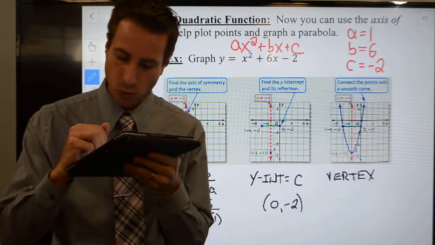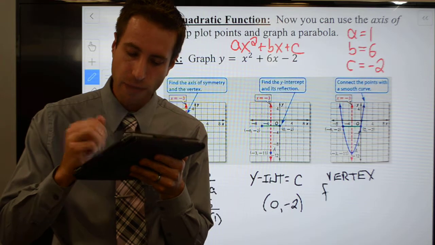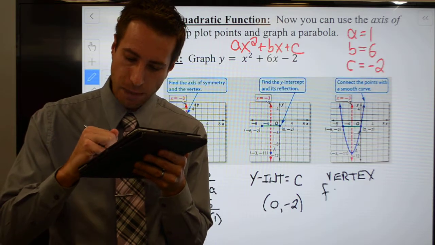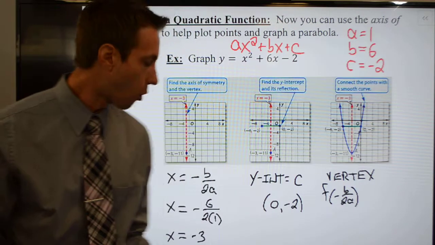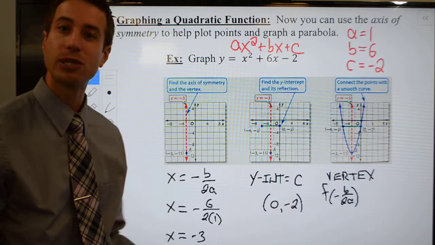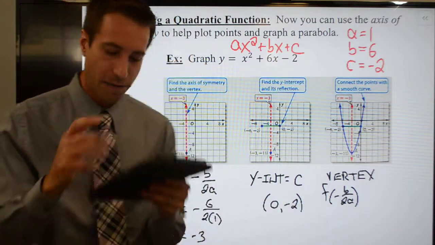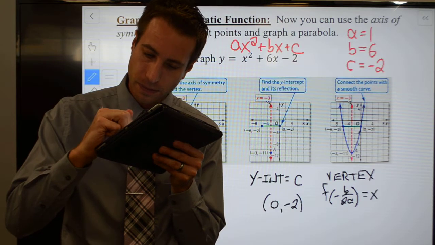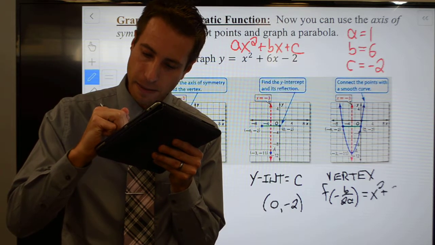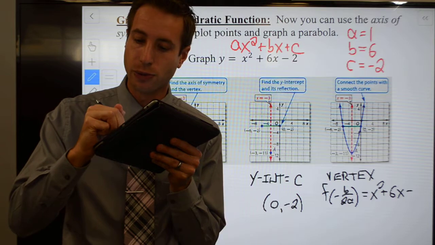Let me show you how this works. I'm going to take my function, whatever my function is, I'm going to plug in a negative b over 2a, which I already found, right? I found it over here. It was a negative 3. Now, what is my function? Well, in this example problem, it's x squared plus 6x minus 2.